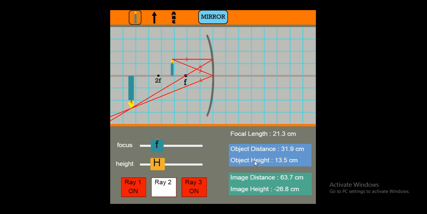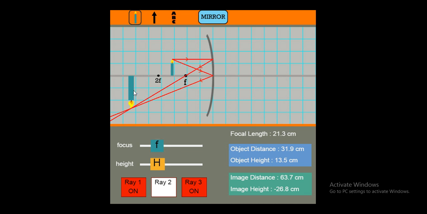Then pay attention to the height. Object height 13.5, image height 26.8 centimeter. Larger than the object. And this image is a real image, that means it can be projected onto a screen. As I explained previously, with a concave mirror the image is formed on the same side as the object.